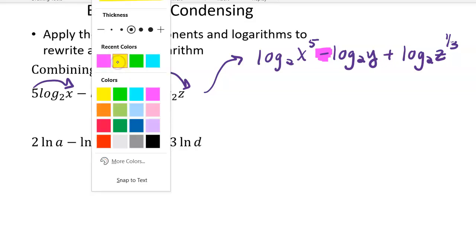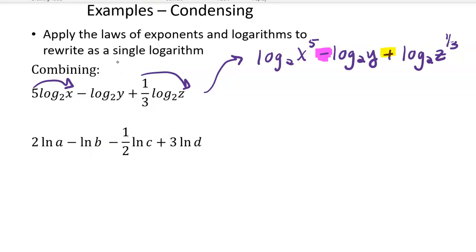Change to a different color here. We have addition here, all right? So just be mindful of what that subtraction means. That subtraction is telling you the quotient property is involved there. The addition sign is telling you the product property is involved.